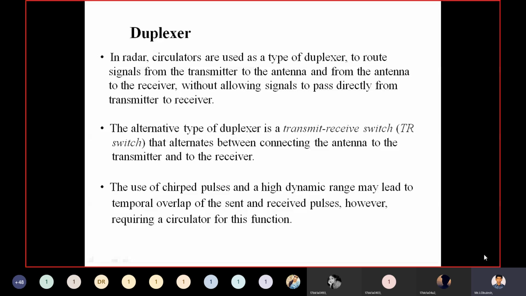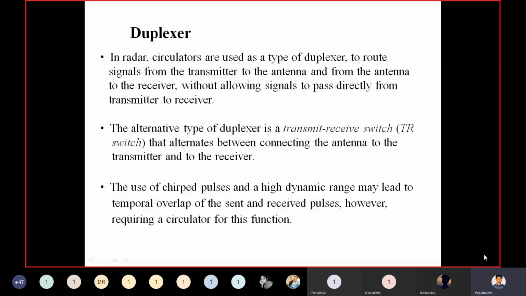Coming to the duplexer. In a radar, circulators are used as a type of duplexer to route the signals from the transmitter to the antenna and from the antenna to the receiver.